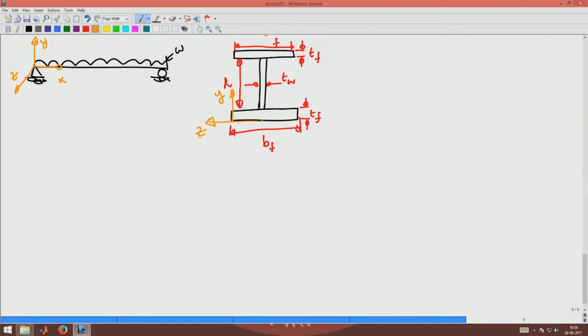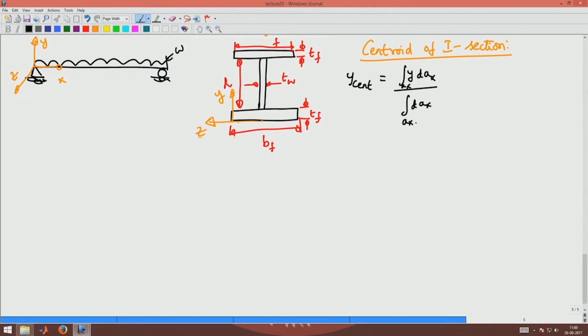Okay. Now, how do you find the centroid of the cross section? These things you should know already, hence I will go fast. To find the y centroid, it is integral y dA divided by integral dA.